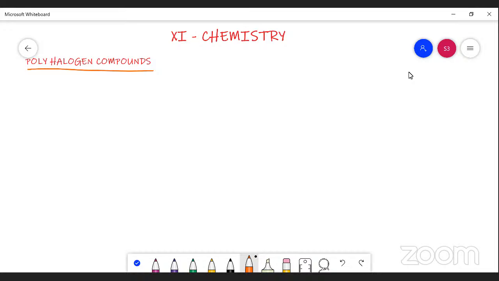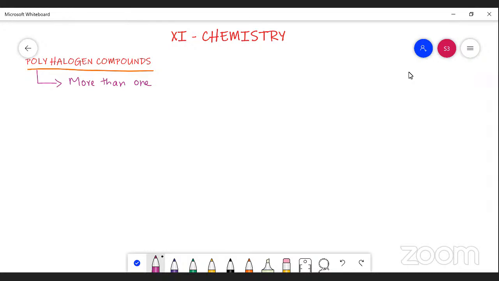Now, first, let us take what is poly. Poly means it is more than one, correct? If it is two, then it is dihalogen compounds, three trihalogen compounds, four tetrahalogen compounds.